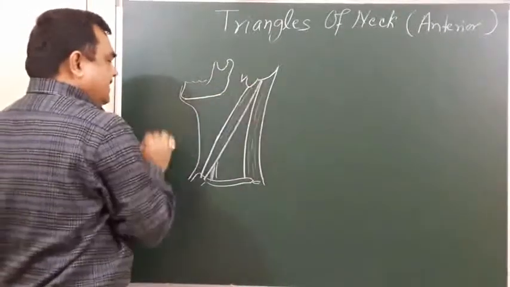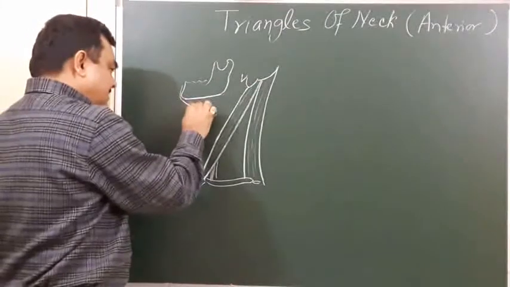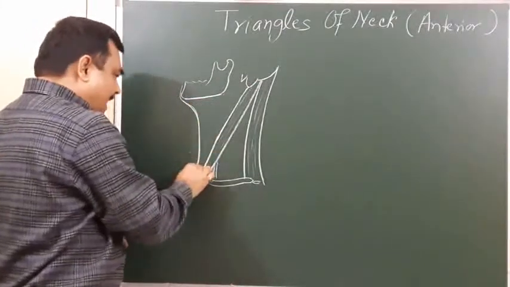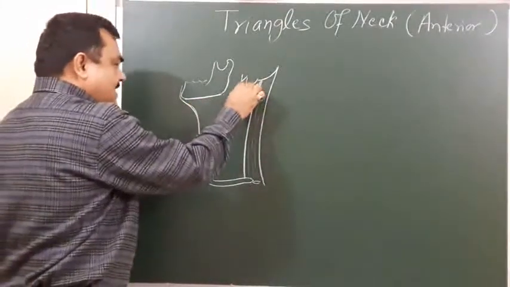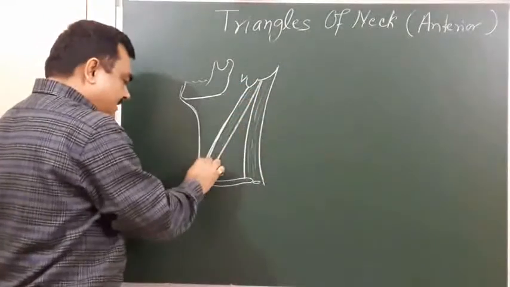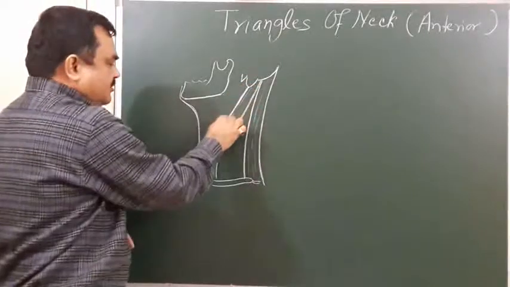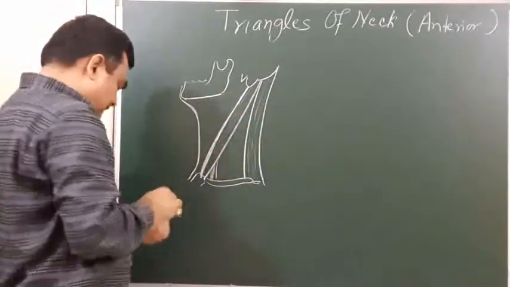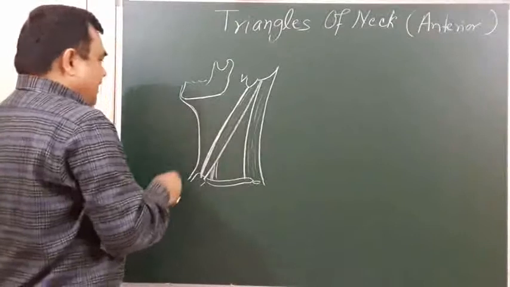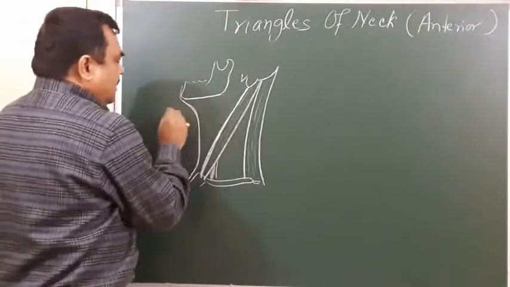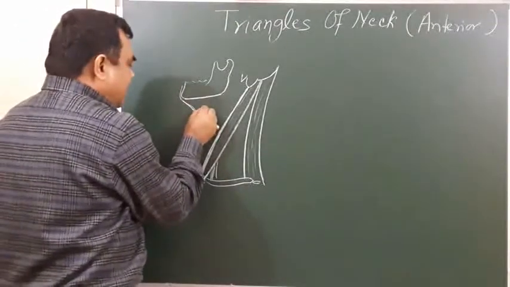This is the mastoid process. Anteriorly, this is the anterior median line. Posteriorly, this is the anterior border of the sternocleidomastoid. So this is the triangle. This triangle is divided into several other triangles.